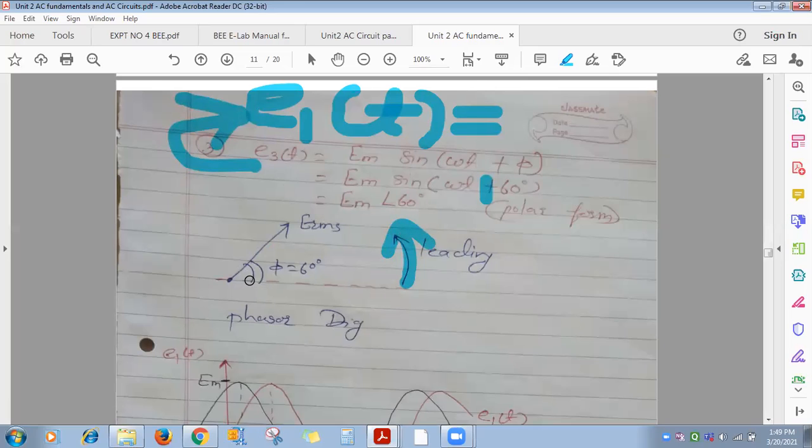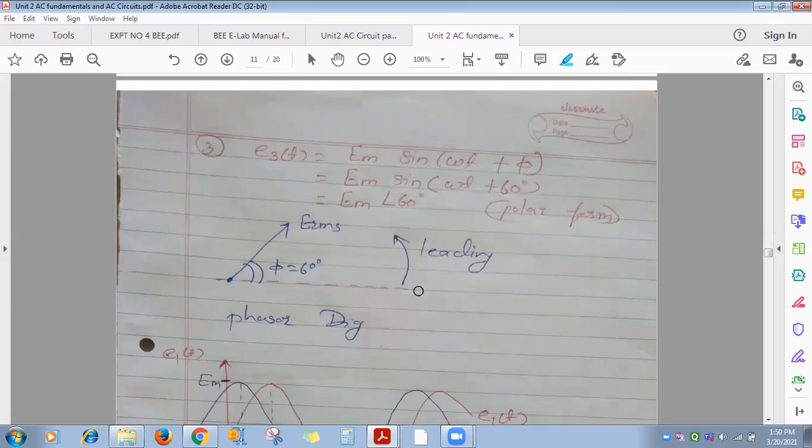Where will E1 come in this phasor diagram? Suppose you wanted to plot, E1 will come along the x-axis. This is E1, the first waveform's peak. And what about the third waveform's peak? Suppose this is E3 RMS, it will come at an angle of 60 degree in anti-clockwise direction. Okay, got it clear? That is the phasor diagram representation. Any difficulty with this?